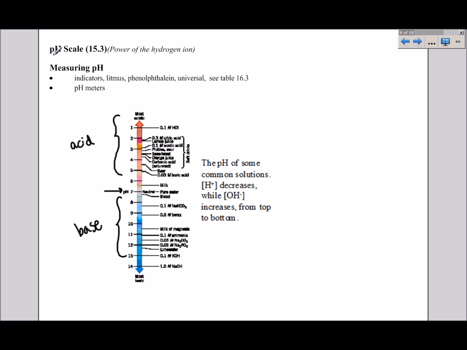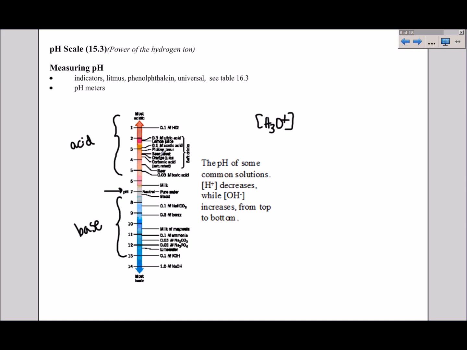Now, when you are studying the pH scale, what pH stands for is actually the power of the hydrogen ion. And what we're doing when we monitor the pH scale is we're actually monitoring the concentration of the H3O plus or the H plus in the solution.